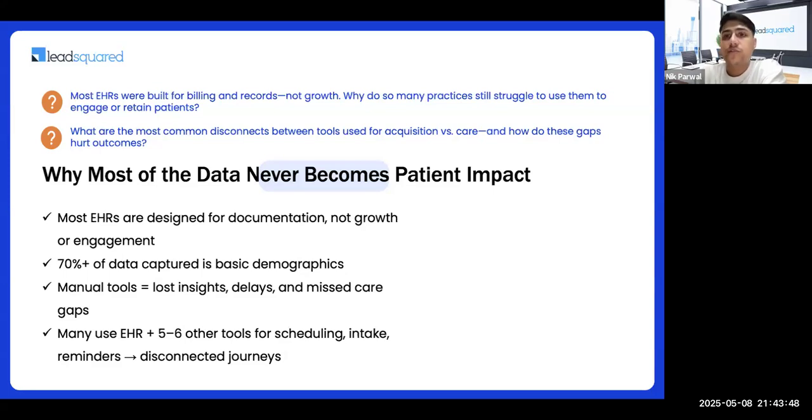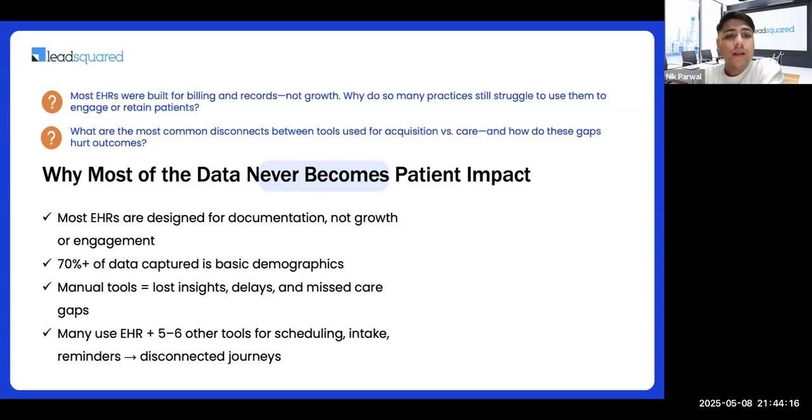It's very difficult for small practices to have somebody full-time looking at data coming from 5 different solutions and figuring out how it can be used in communicating with the patient, and knowing when to communicate what kind of information. So consolidating tools and consolidating data is definitely something we see practices struggling with most often and coming to Lead Squared for help with.